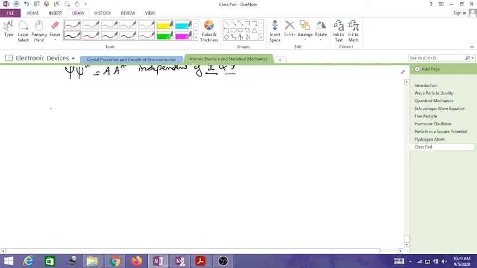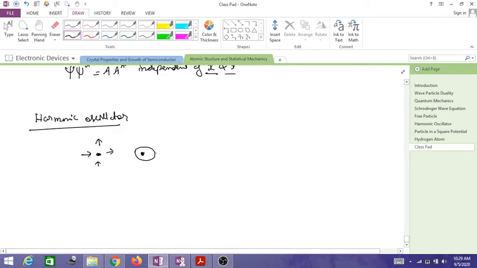So now let us talk about the harmonic oscillations of this wave particle and compare this with classical mechanics. The harmonic oscillator is nothing but, if this is a particle and all the forces acting on this particle are equal, that means it is in the equilibrium position.